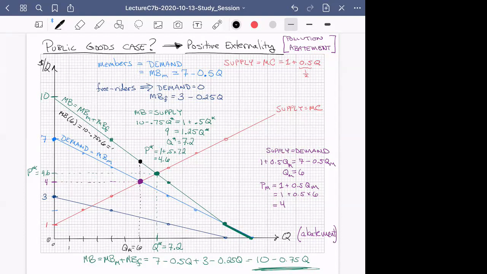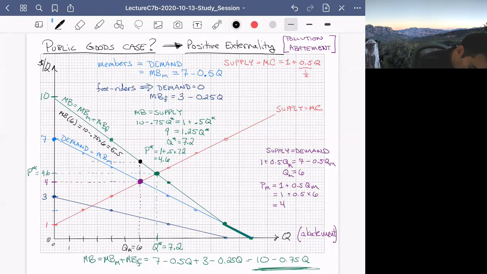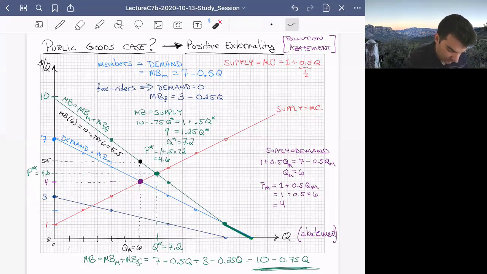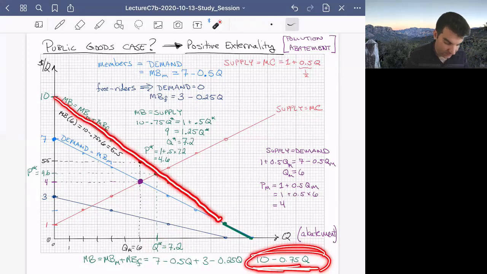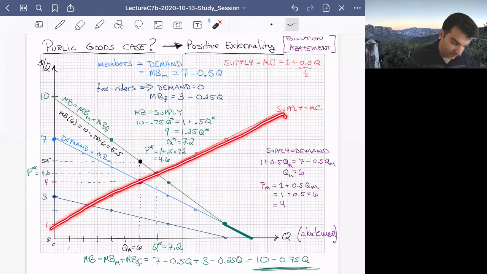When you were measuring, wait, how'd you get a Q star being 7.2 when you were measuring MB? So Q star, just drawing this up here, 5.5. The Q star being 7.2 here comes from setting this curve, which is the total MB curve, which is down here, equal to the supply curve here.